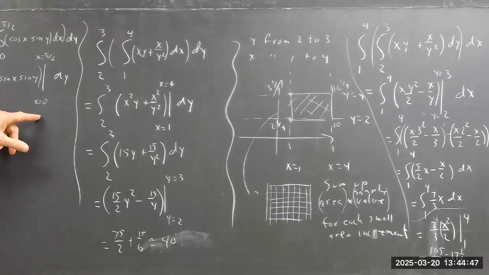Okay, well, the sine of 0 is 0, sine of pi over 2 is 1.